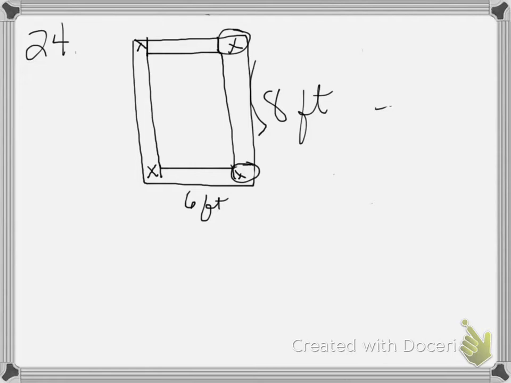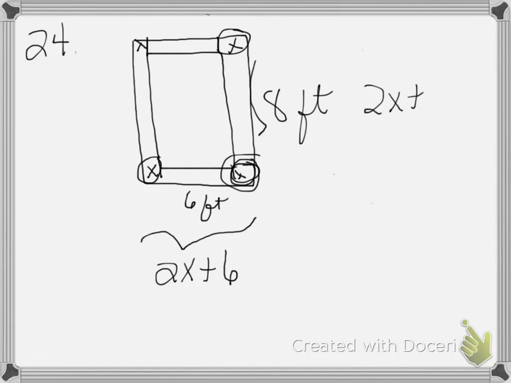So the total length would be this x plus this x, which is 2x, plus the garden, which is 6. For the width, it would be this x plus this x, which is 2x plus 8. To find the area of the garden, it is length times width.